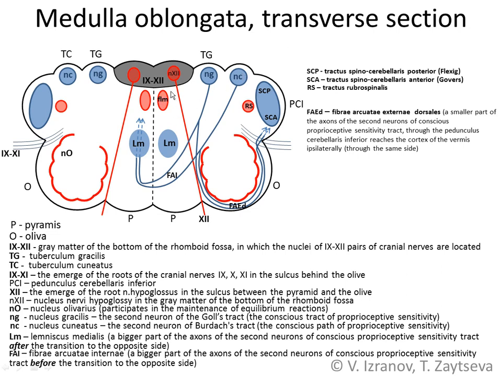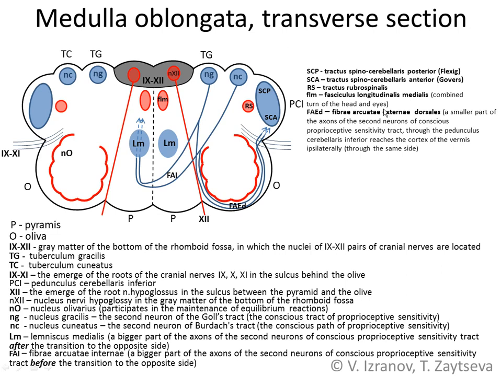And now this again red color structure, this is fasciculus longitudinalis medialis, which is responsible for the combined turn of the head and eyes.